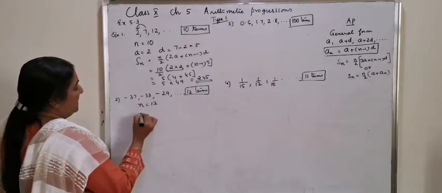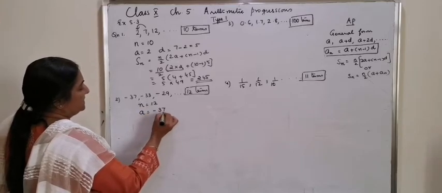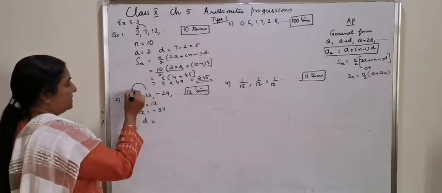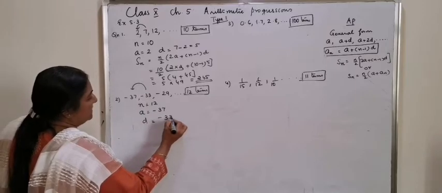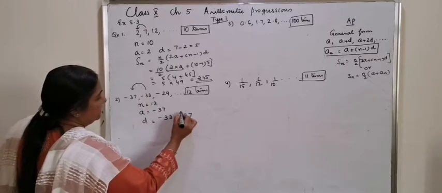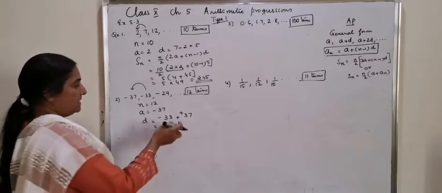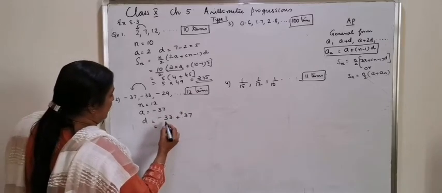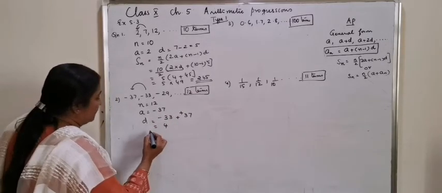n is equal to 12, a is equal to minus 37, d is equal to minus 33 minus 37. Subtraction of integers becomes addition. 37 minus 33 is positive 4.